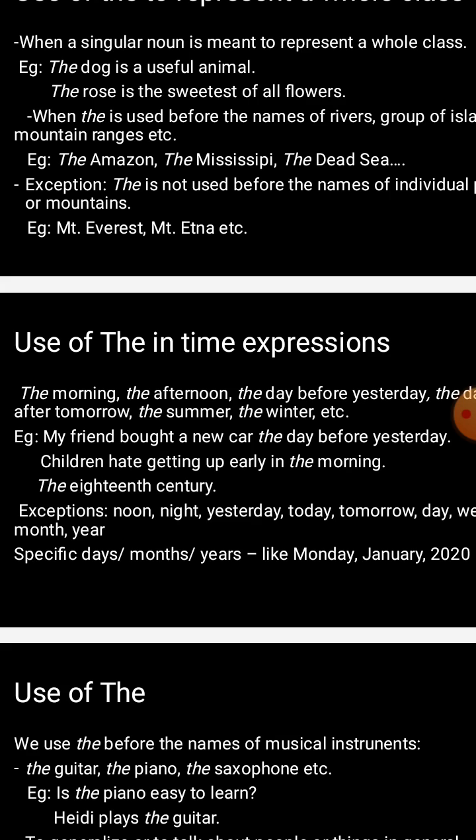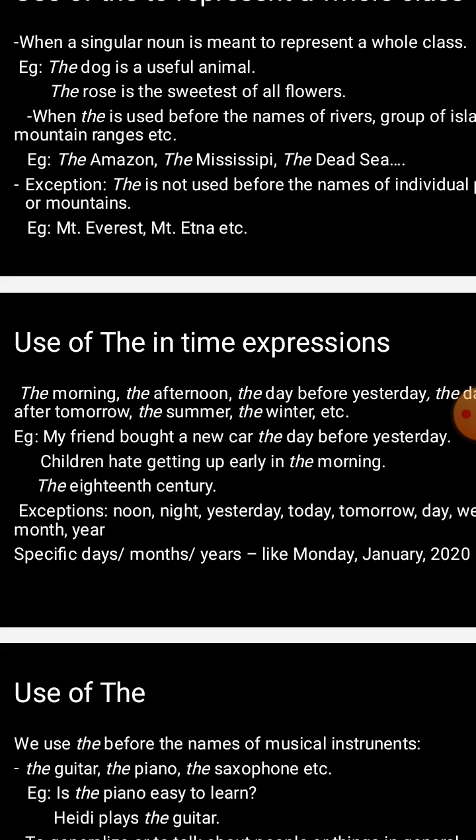But you can't say the noon. It is in the afternoon, but you can't say the noon, the night, the yesterday, the today. That is wrong. So you just say at night.